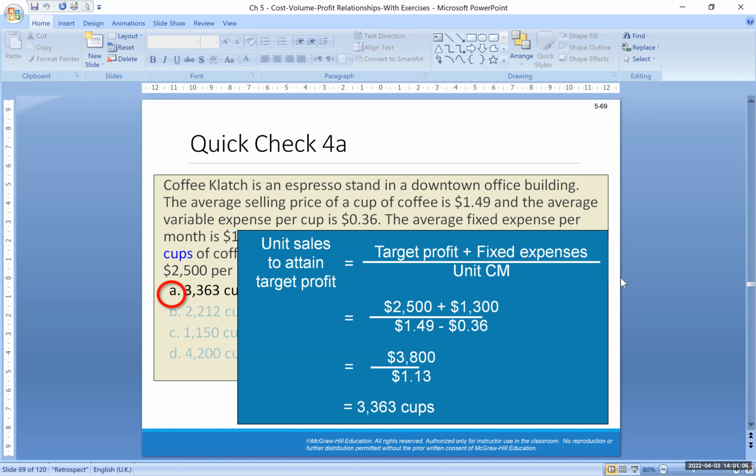Target profit is 2,500 plus fixed expenses of 1,300, all divided by the contribution margin, which is the difference between the price 1.49 minus the variable cost 0.36. 3,800 divided by $1.13, and the answer would be 3,363 cups or units, and the answer is A.